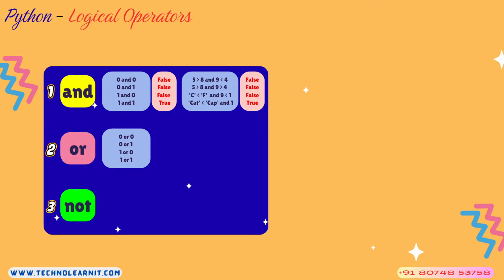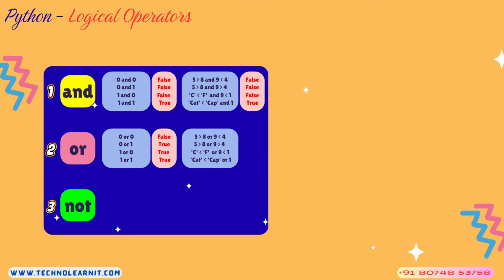To keep it simple to begin with, we can consider two conditions and apply OR between them. 0 or 0, which is false or false. False or false is always false. False or true is true. True or false is true. True or true is again true. This is the truth table of OR.